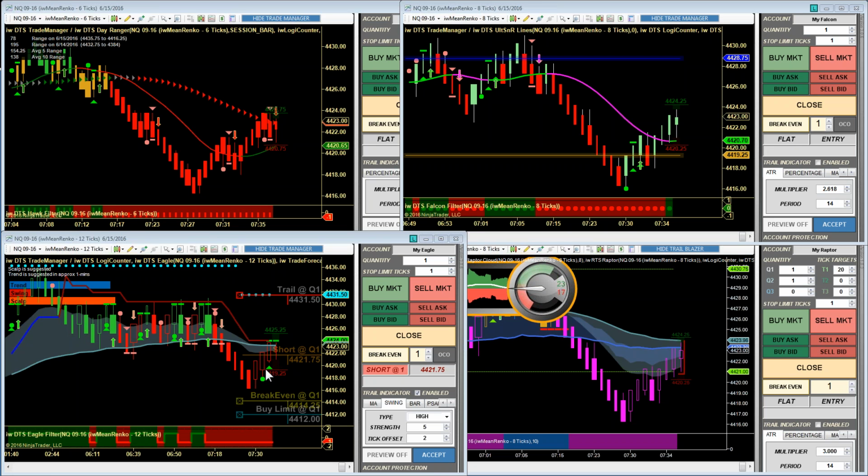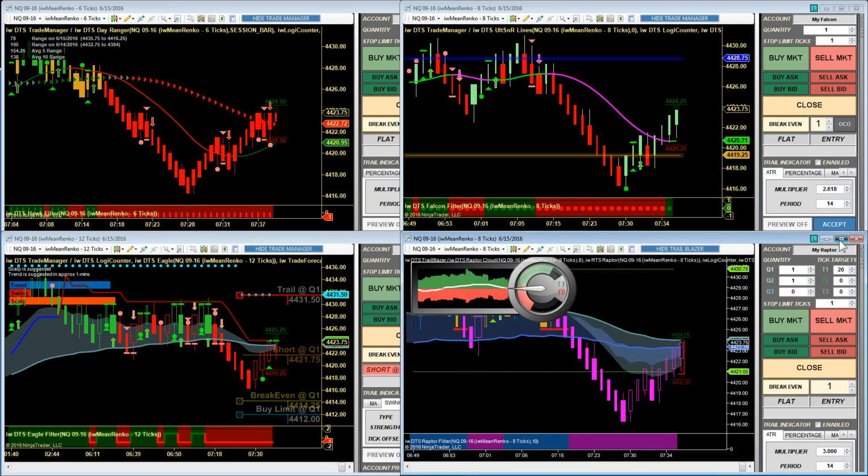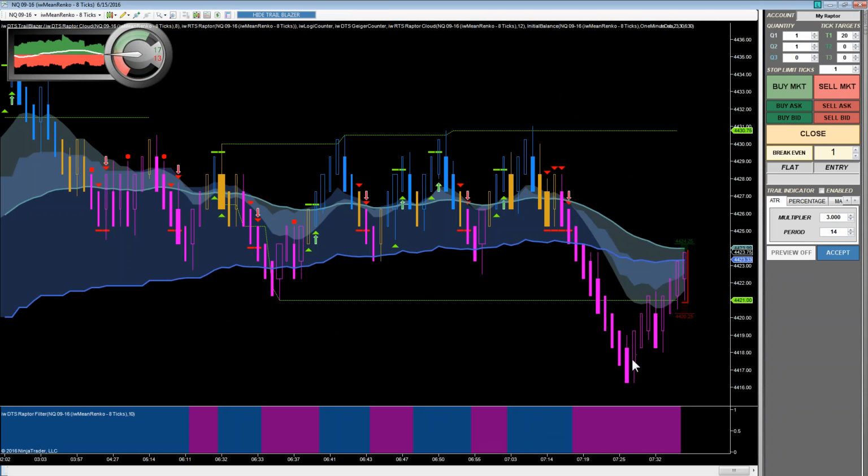All right, and we're now in a macro pullback here on the Hawk, and working into a cloud crossover on the Eagle as well, or Eagle, sorry, on the Raptor as well. So what that means is with the Raptor, we've changed direction. Our clouds have officially crossed over. The market has drifted into the cloud.